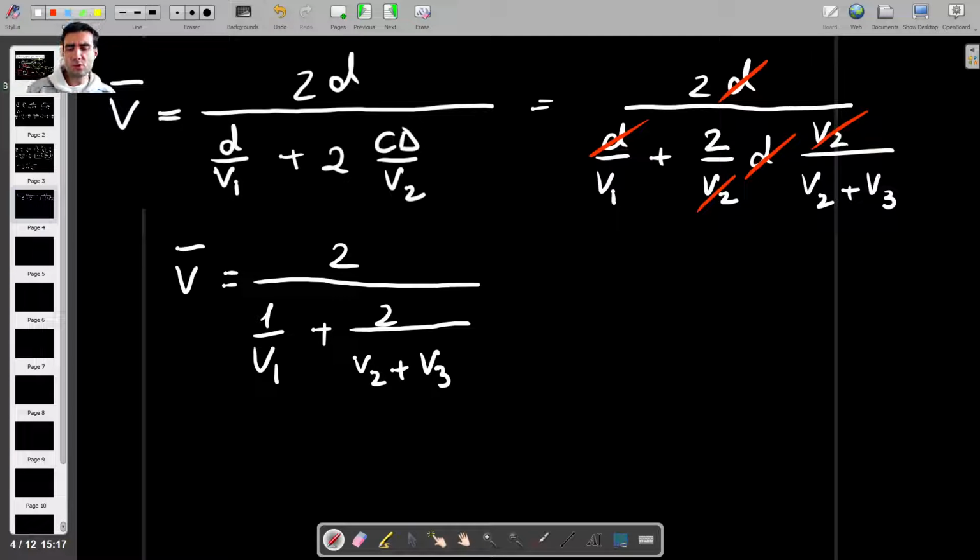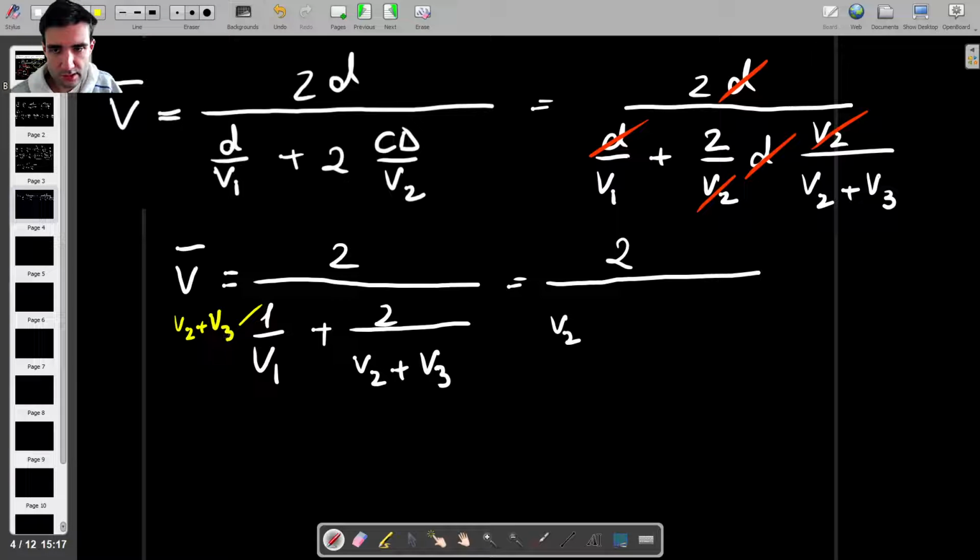So all that's left, although you can calculate the answer as it is, but what I'll do here is tidy this up a bit, just turn it into one single fraction. So this is 2 over, in the denominator we have, again, I'm going to amplify this by v2 plus v3, and this by v1.